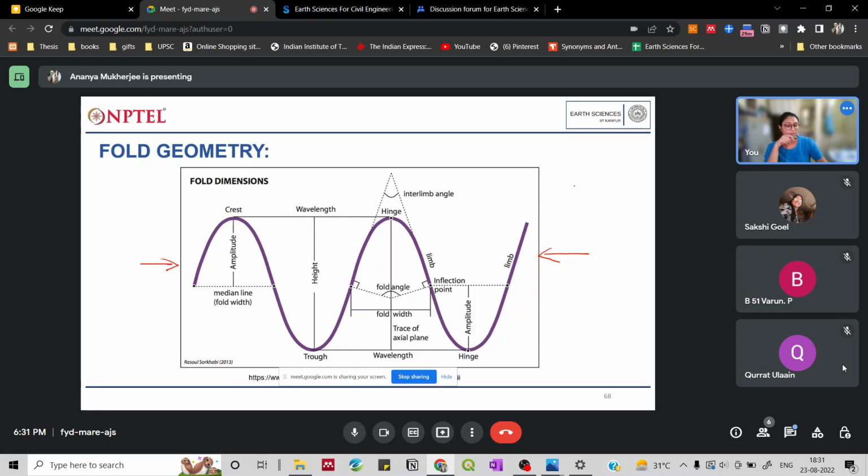We have two kinds of material. One is incompetent and one is competent. Incompetent cannot take in ductile deformation, as if you remember we had seen the graph on top. It reaches its elastic limit and quickly becomes a brittle material.